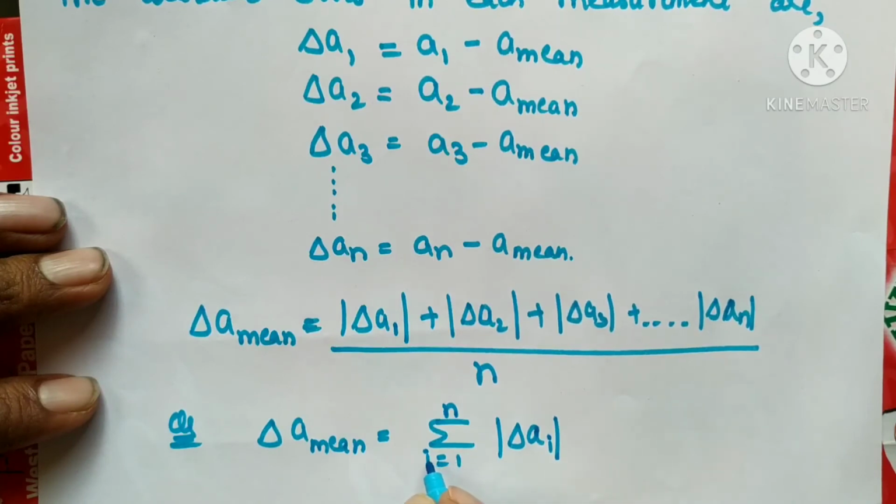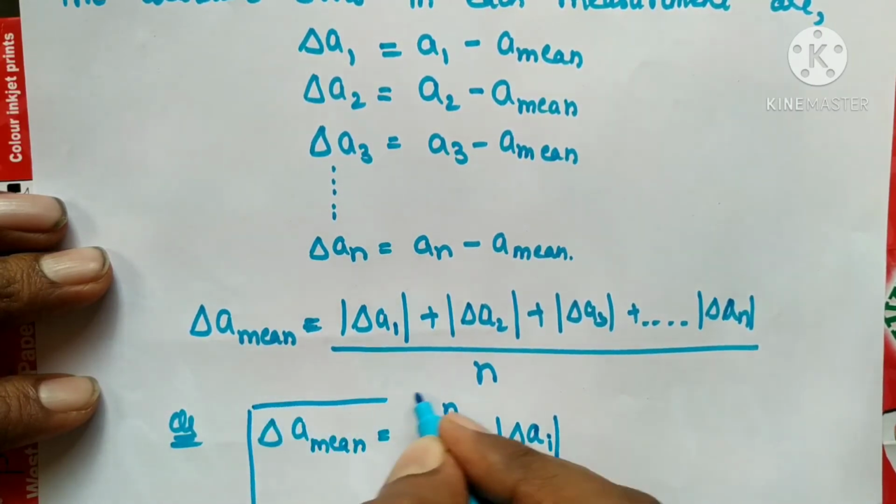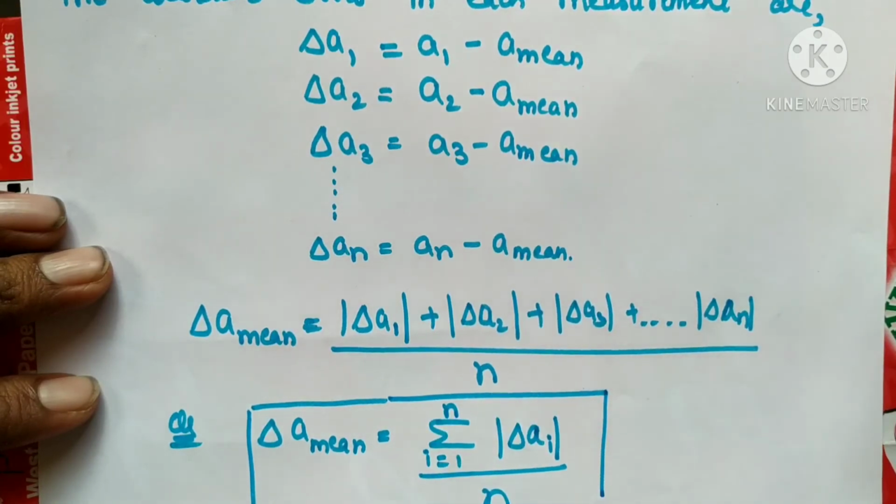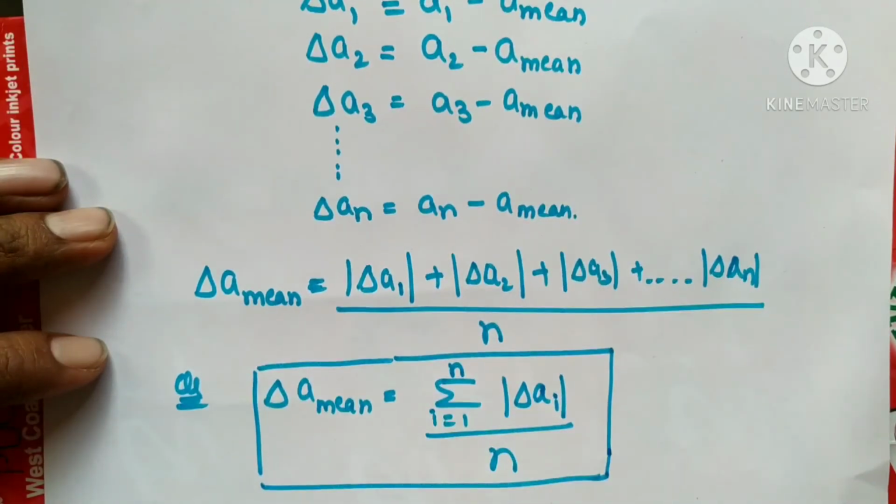In the same way, if you take i equals n, you get the value of the last reading, that is delta AN, divided by n. So this is the mean absolute error.